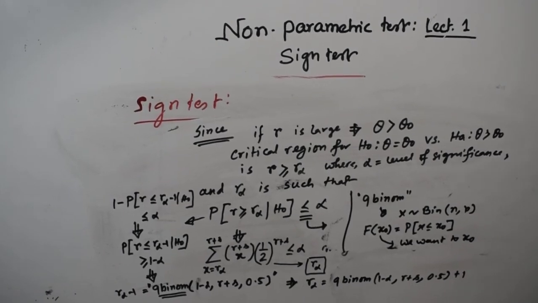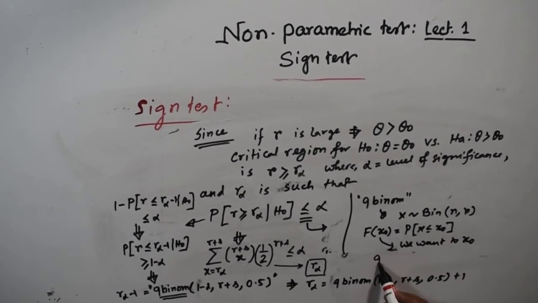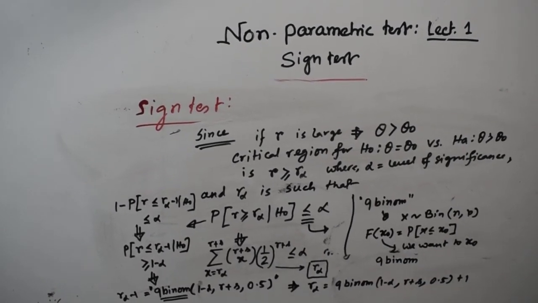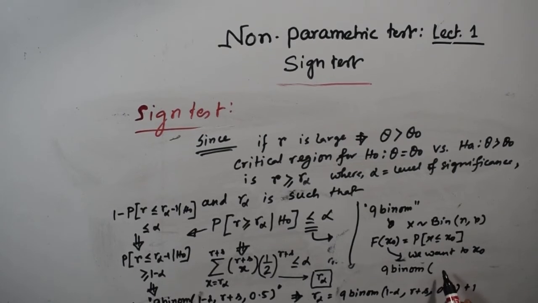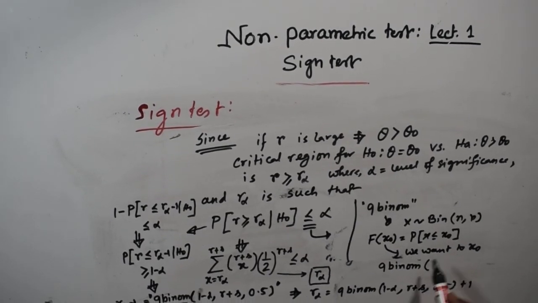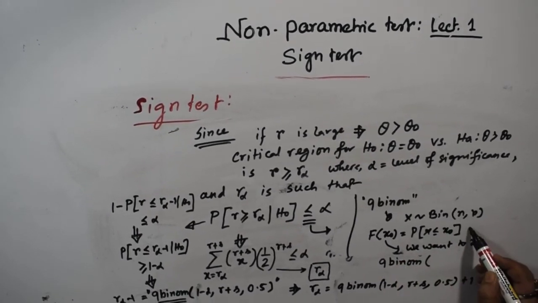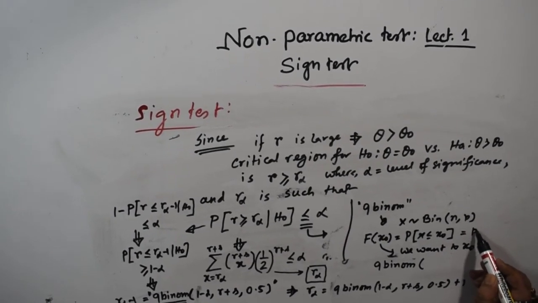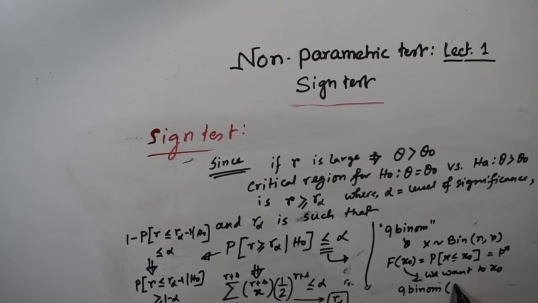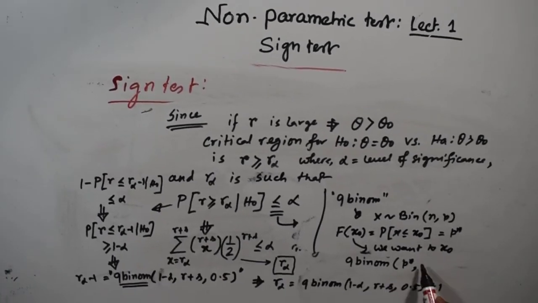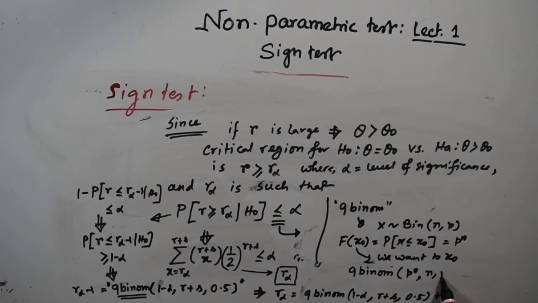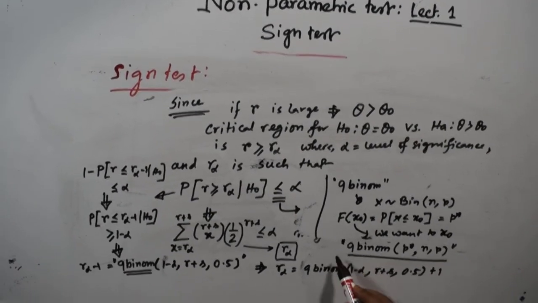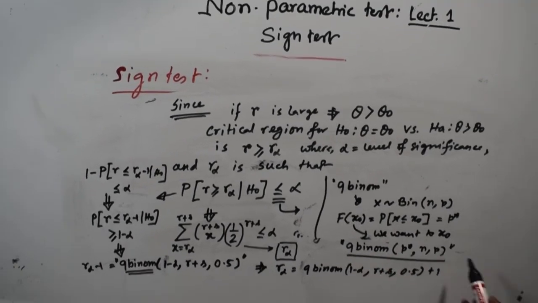For this you use the code q binom. Suppose this probability is P star, then q binom (P star, n, p). This R code gives the value x naught.